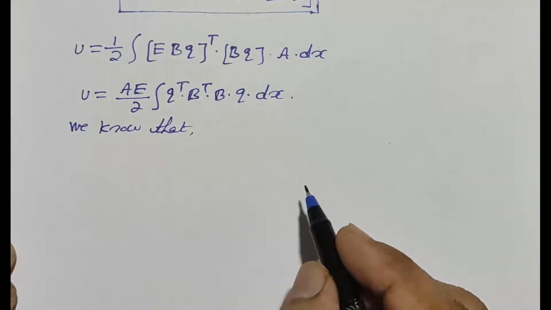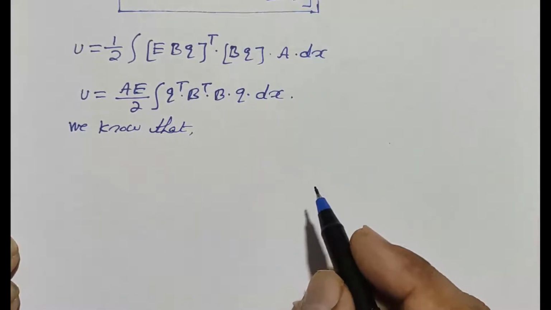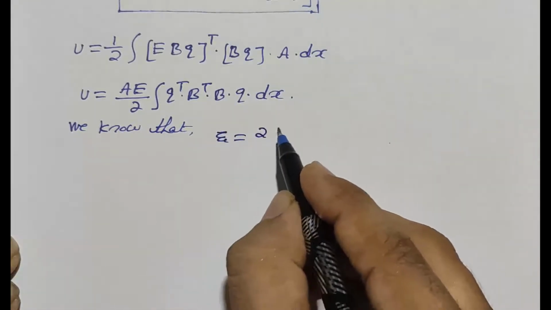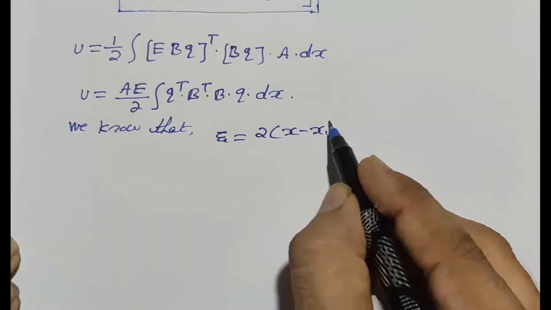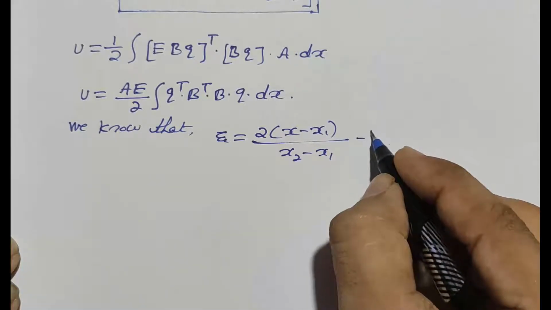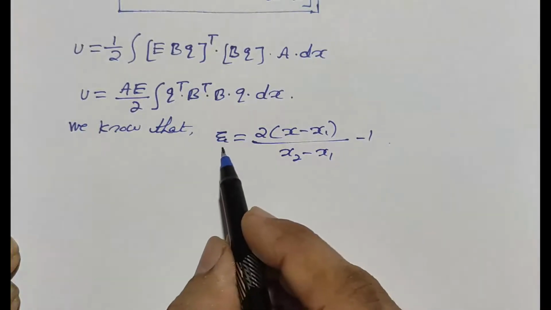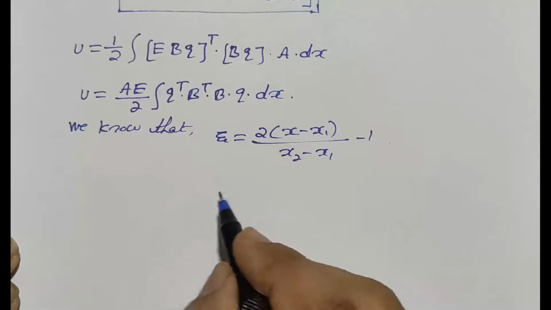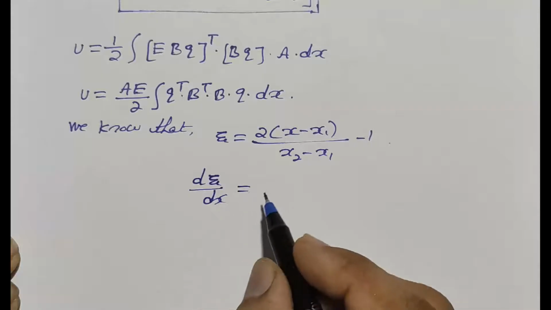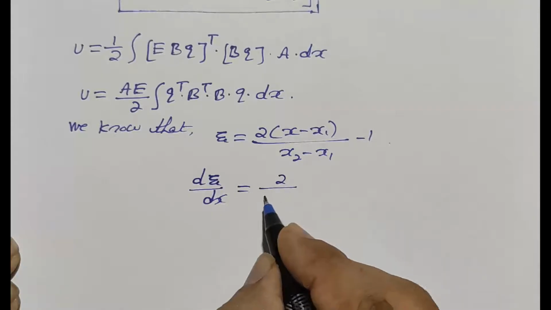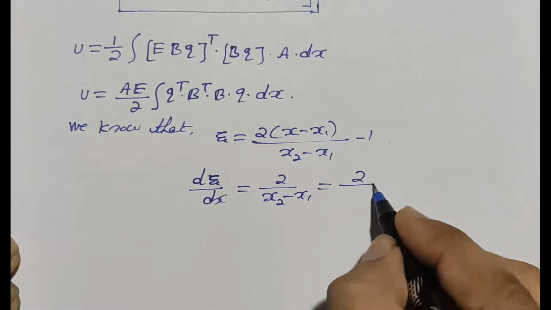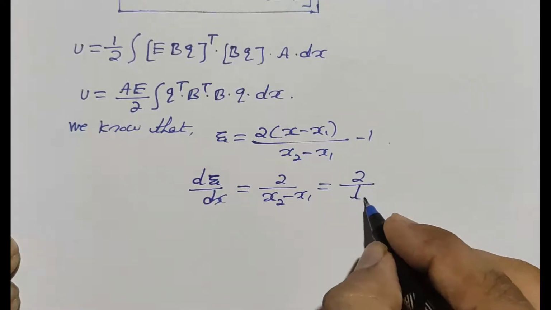See, we know the relationship between natural coordinate and Cartesian coordinate, that is zeta is equal to 2 into x minus x1 by x2 minus x1 minus 1. Now I will differentiate this zeta with respect to x. I will get d zeta by dx is equal to 2 by x2 minus x1, which is 2 by L, where x2 minus x1 is the length of the element.